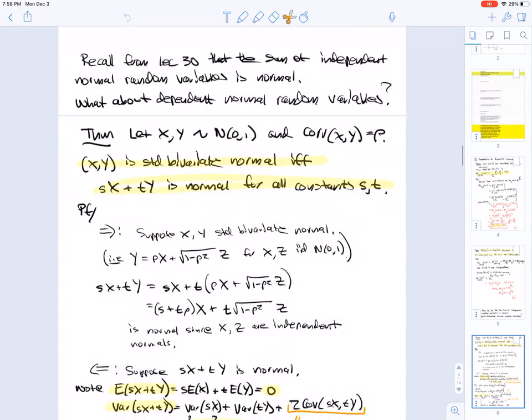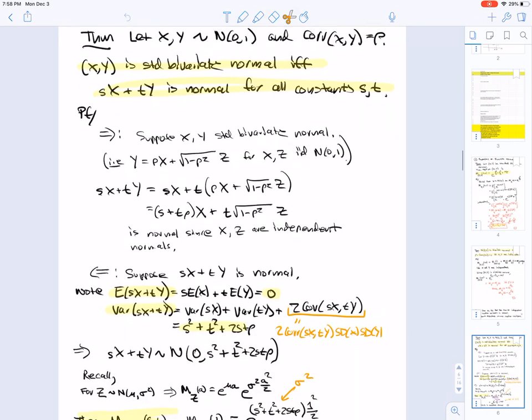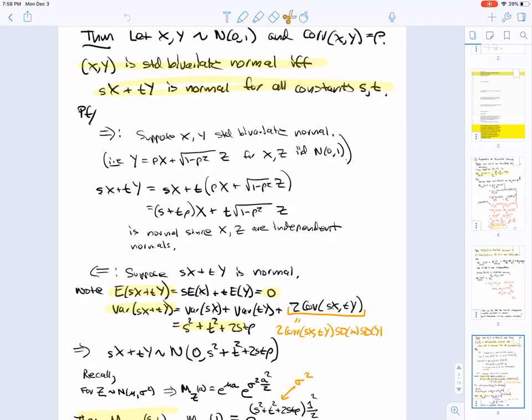Furthermore, if X and Y are standard normal and have correlation rho, then being standard bivariate normal is equivalent to sX plus tY being normal for all constants s and t. This has a straightforward proof.